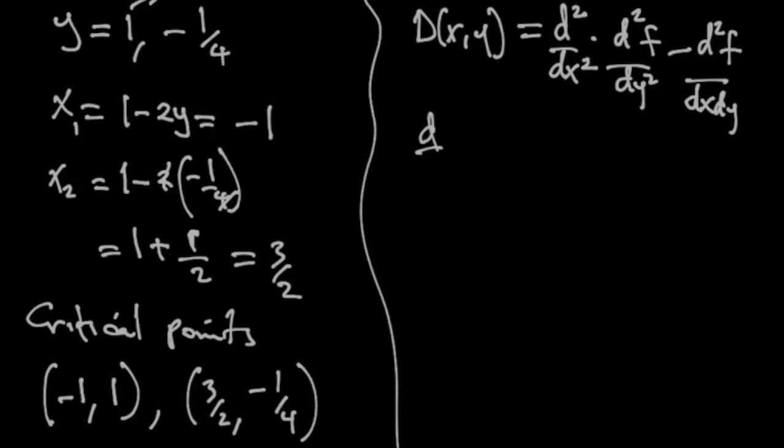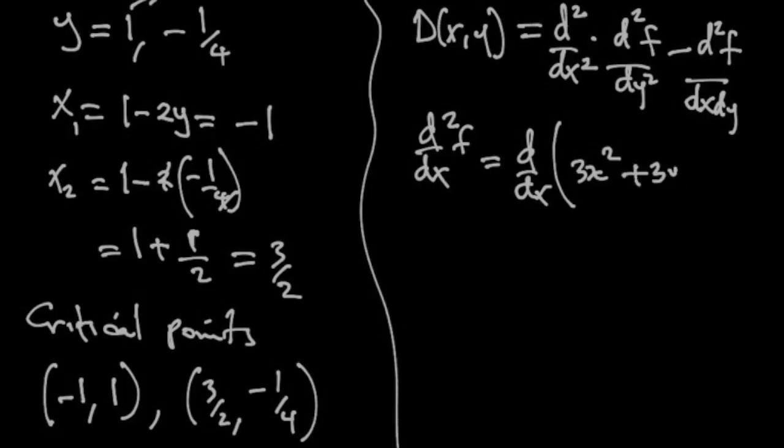So we go back to our work. We have d squared f over dx squared, which is dx of what we found already, 3x squared plus 3y minus 6. Constants will always be 0 too, so 6x is our answer. The 3y is considered constant because we are differentiating with respect to x.